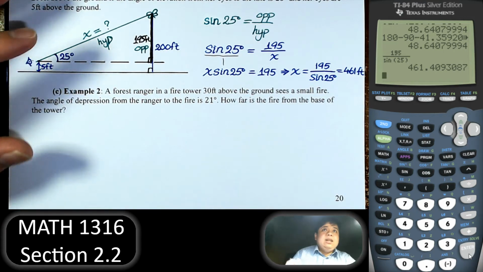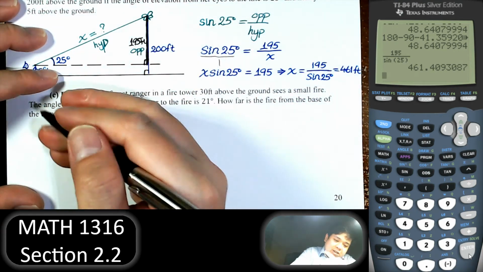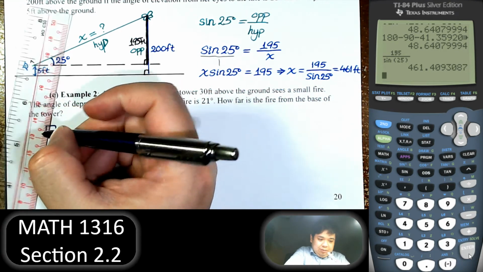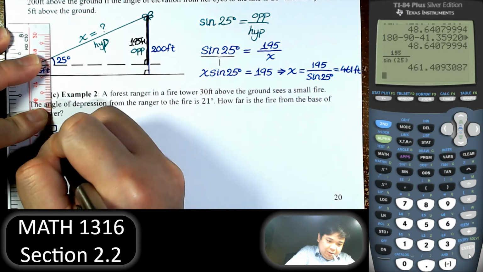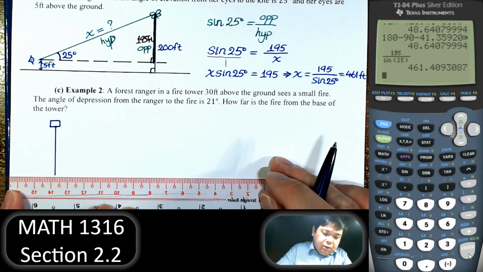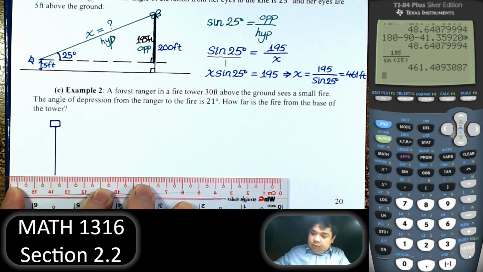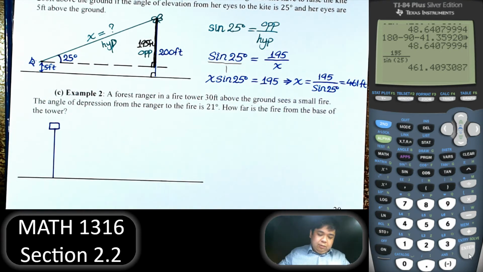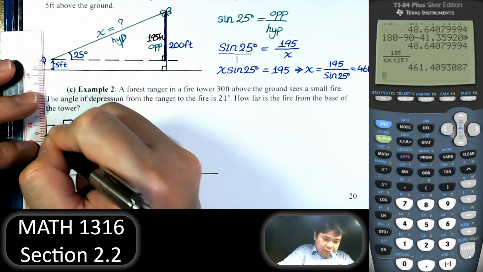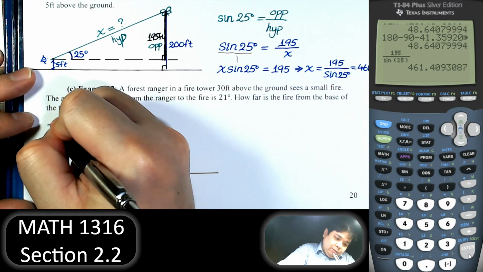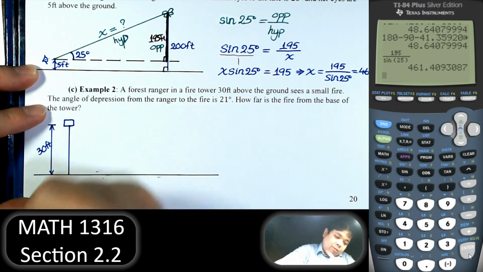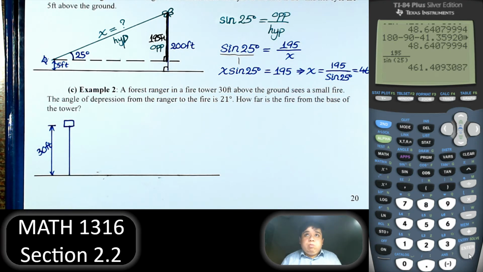So in this case we have a tower, and this is 30 feet above the ground.